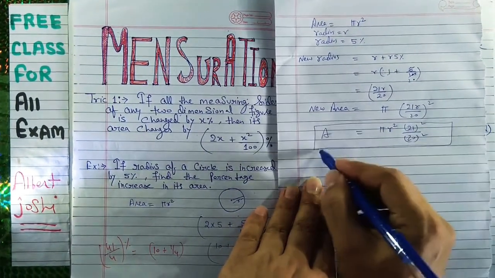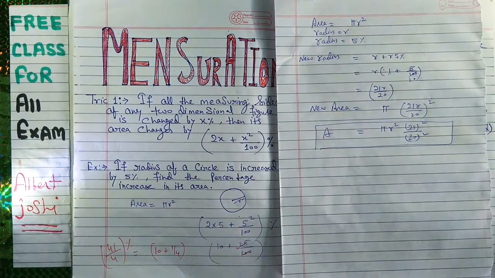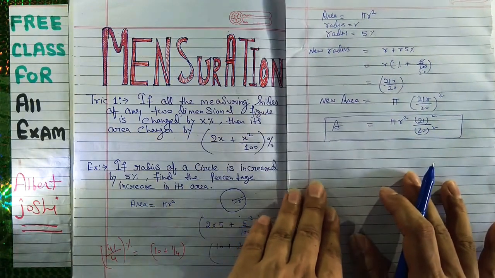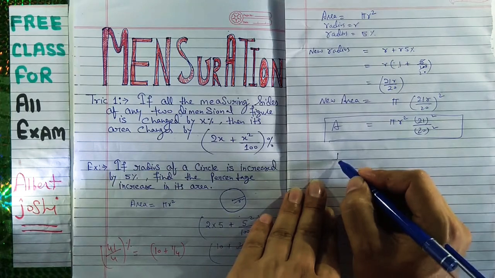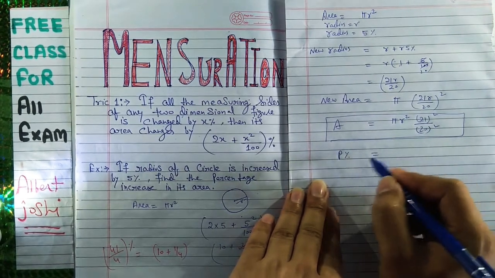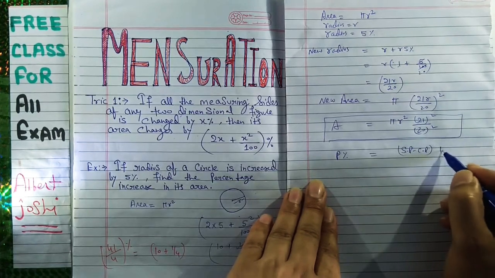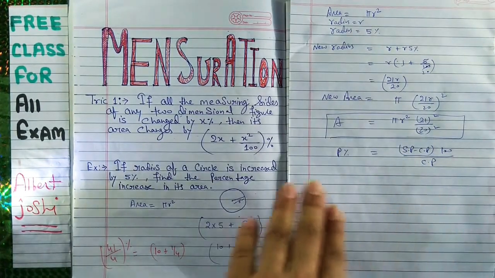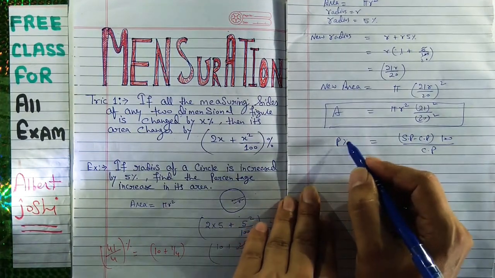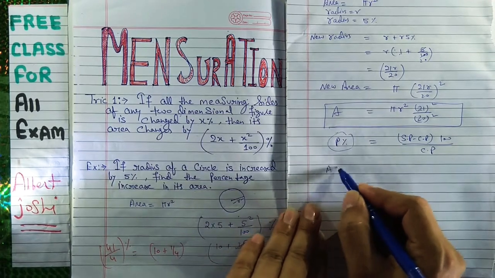Now he is asking what percentage increase. You have heard one formula: profit percentage equals SP minus CP into 100 upon CP. We will use this formula. Now, in place of profit percentage, we are finding the area percentage.